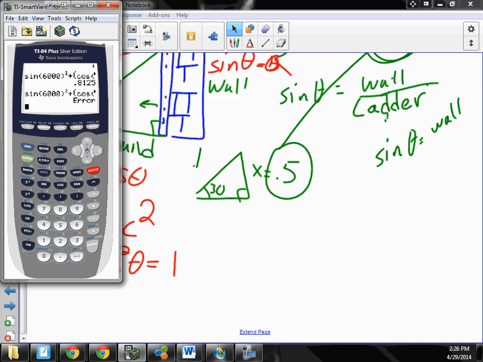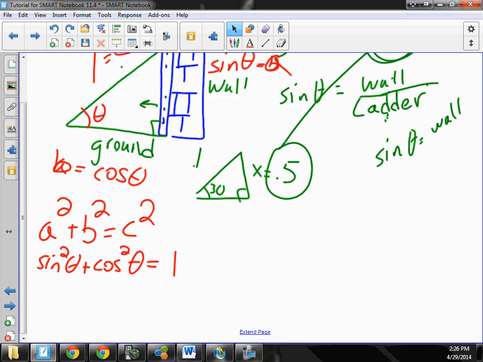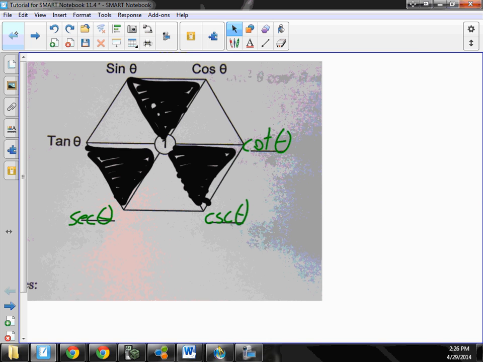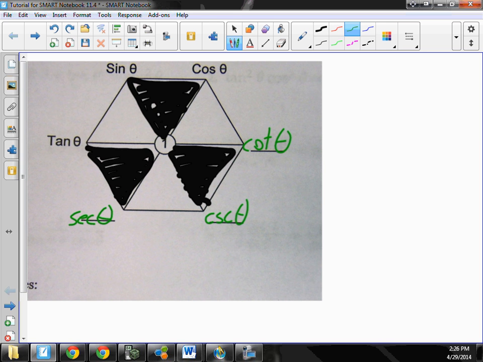I'm sure. Okay, so we can actually see this Pythagorean identity in this arrangement we've made over here. If you look at the shaded in triangles, if you square both top corners and then add them together, they equal the bottom vertex.